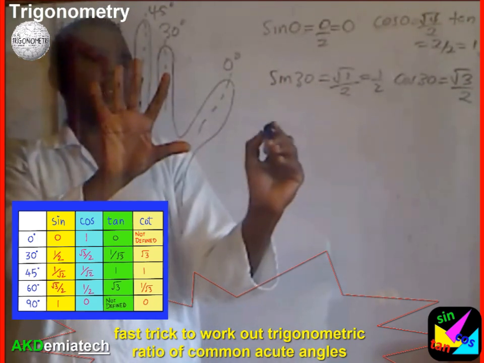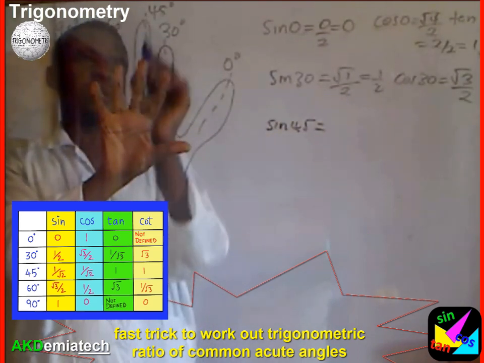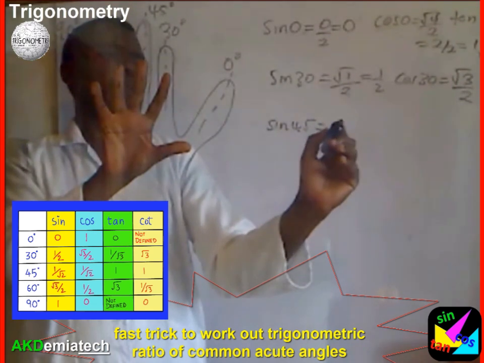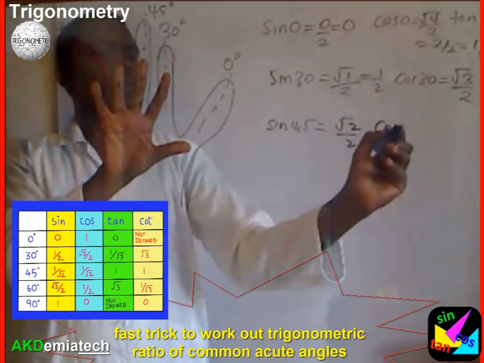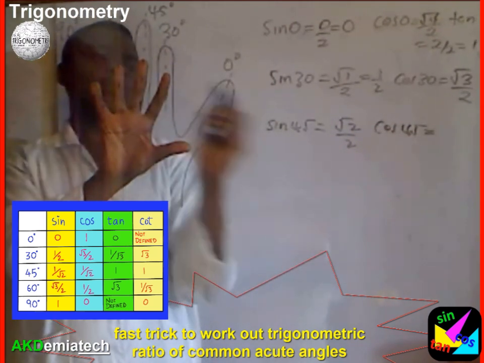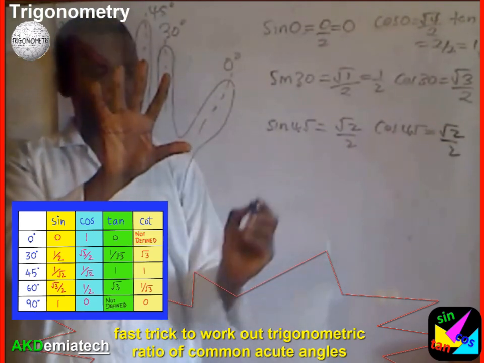Let's look at sine 45 degrees. This is 45 degrees here. I have 1, 2. That is square root of 2 all over 2. Cos 45. This will be equal to 1, 2. So square root of 2 all over 2.